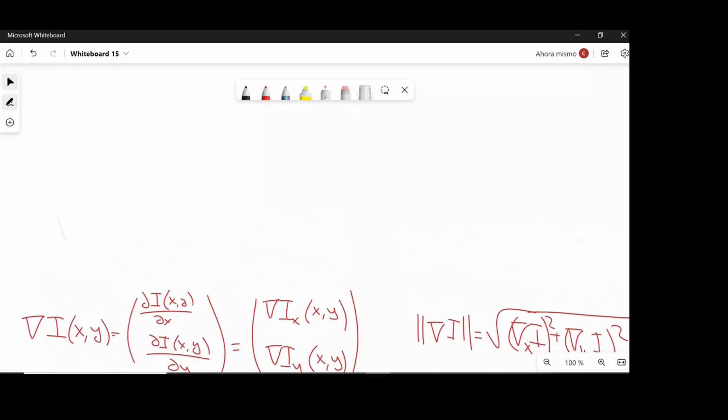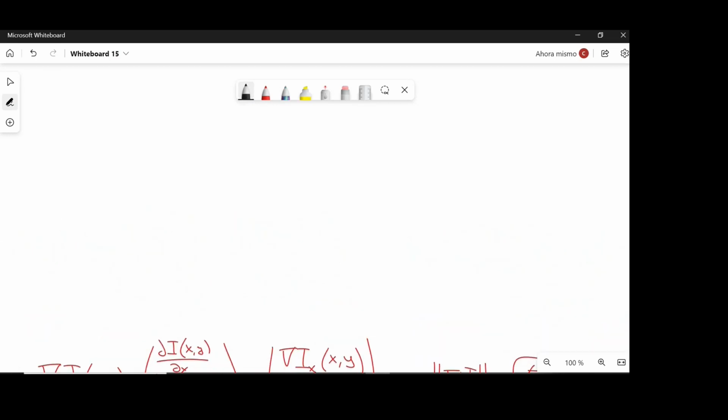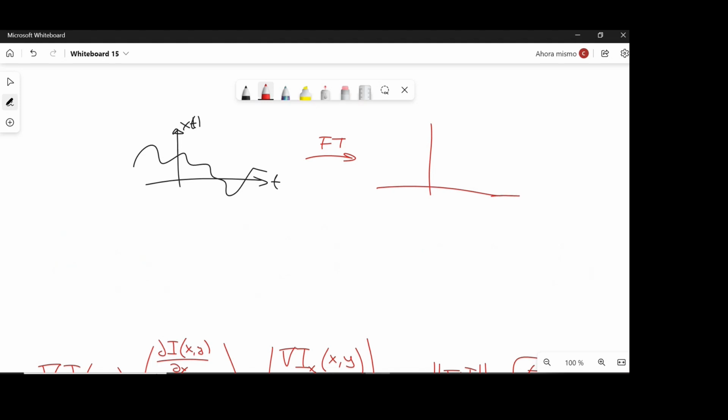So in one dimension, we have x of t, then this is whatever it is. When we do the Fourier transform, now we are in the Fourier domain, and this is the axis omega.